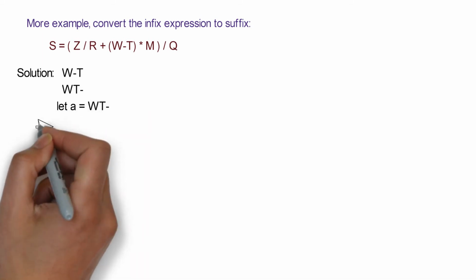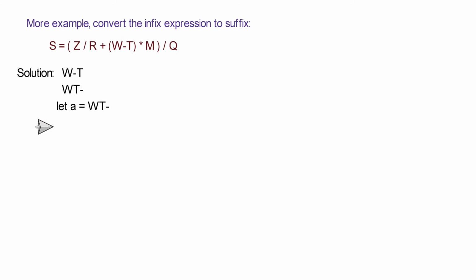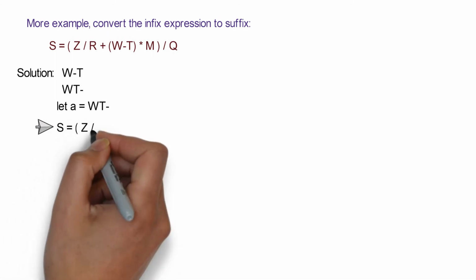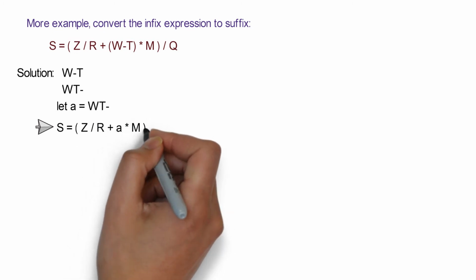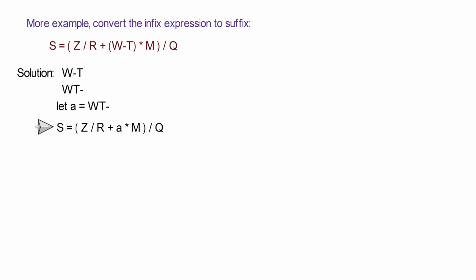Then we rewrite the expression again, giving us S equals Z divided by R plus A times M all into bracket divided by Q. We are still in the bracket, so we can see we have division and multiplication in the bracket in which both signs have the same precedence and are higher than the plus sign.